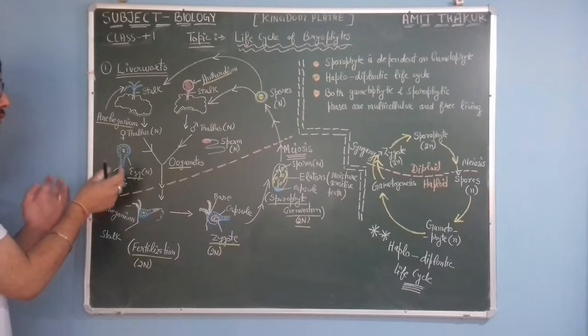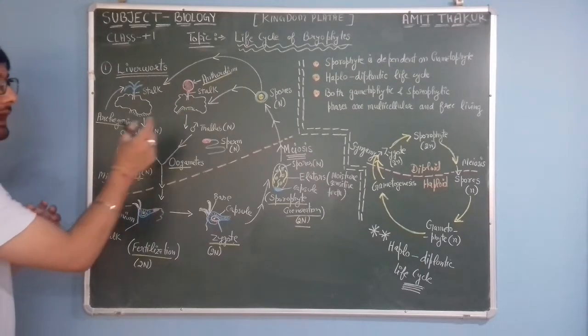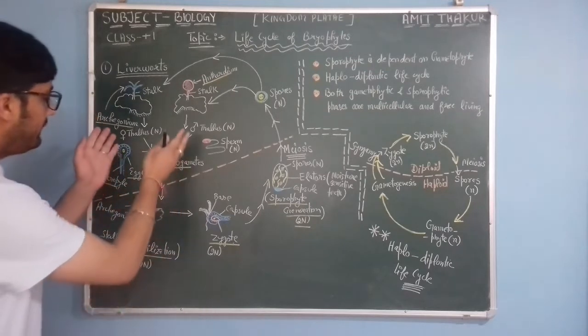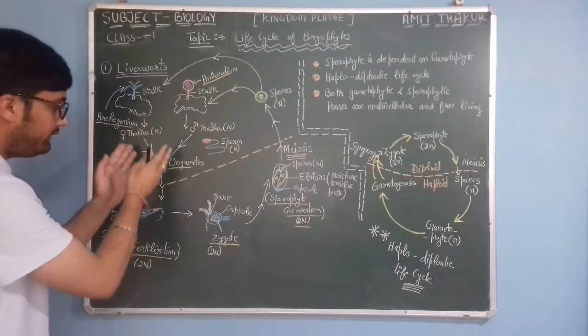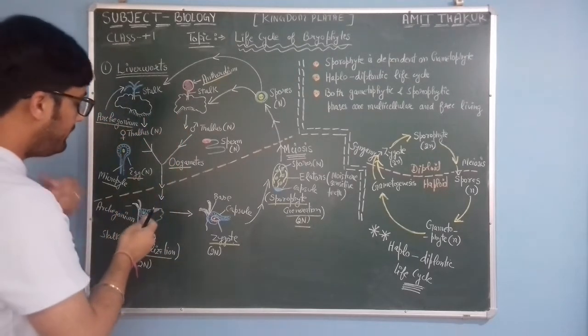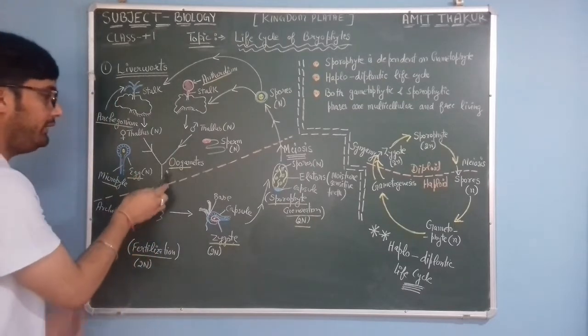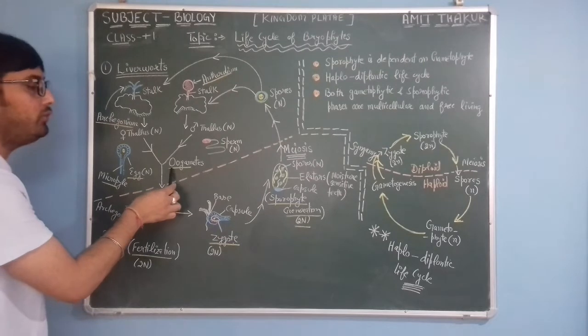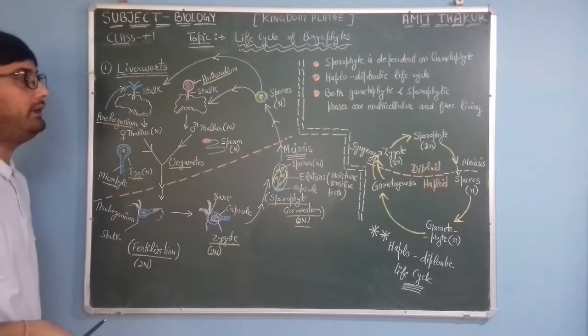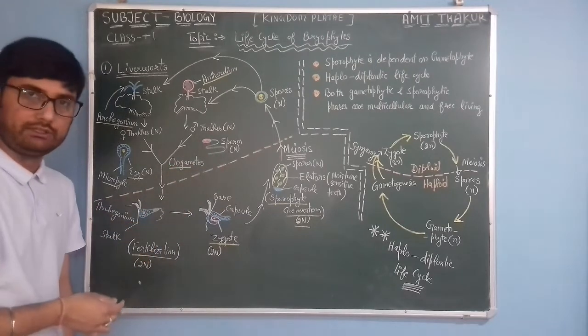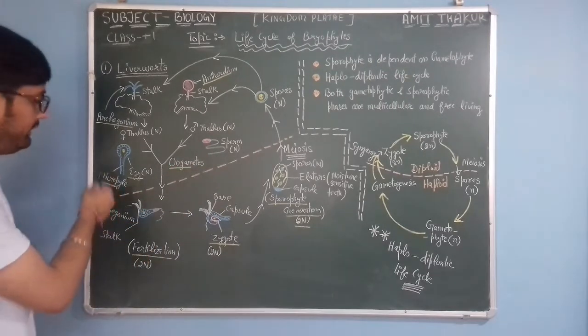So after producing egg and sperm from the archegonium and antheridium, they now undergo fusion or fertilization. This is an oogamous type of reproduction. Why? Because only the sperm is motile in nature, not the egg.